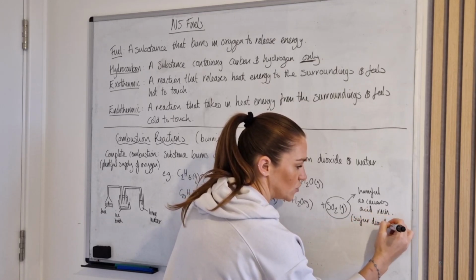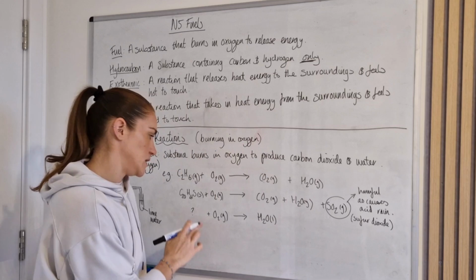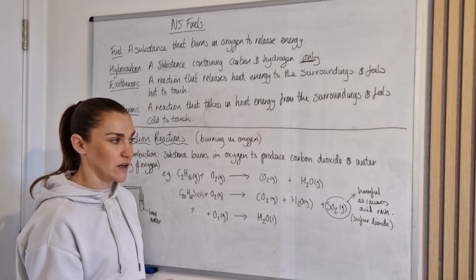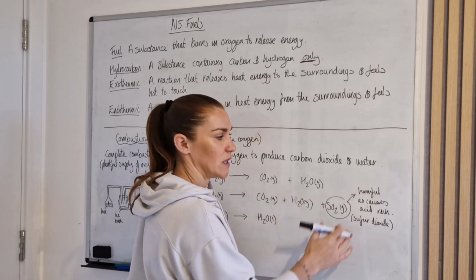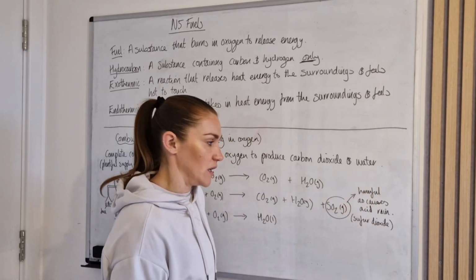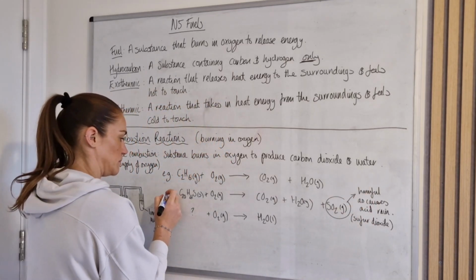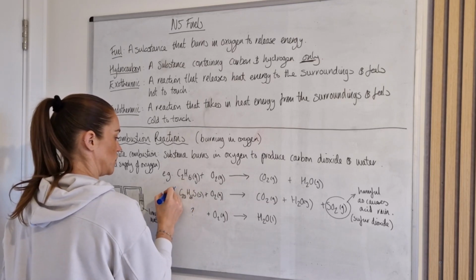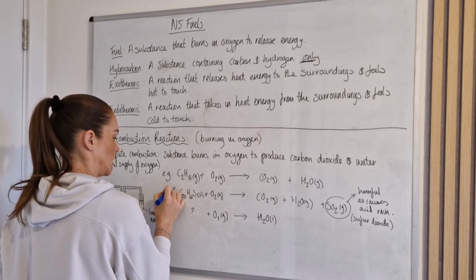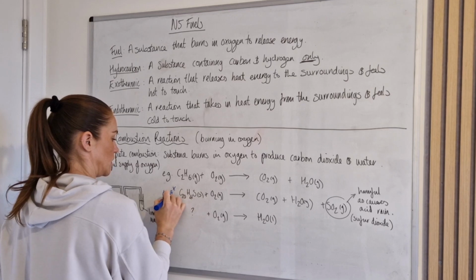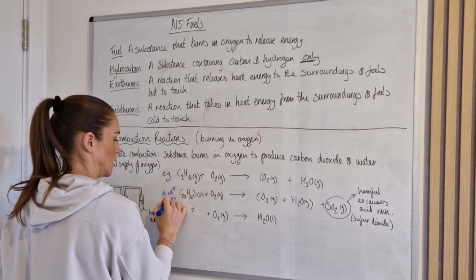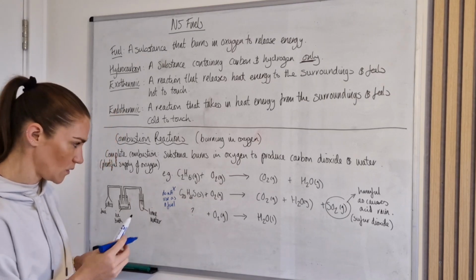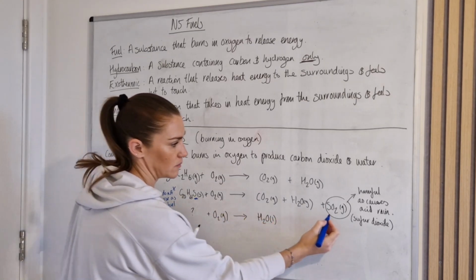Really you shouldn't be burning fuels that contain sulfur, because if we burn any fuels that contain sulfur, we end up producing sulfur dioxide, which is harmful and causes acid rain. Usually we would not use it as a fuel, and you would remove the sulfur first if you could, because of this problem.